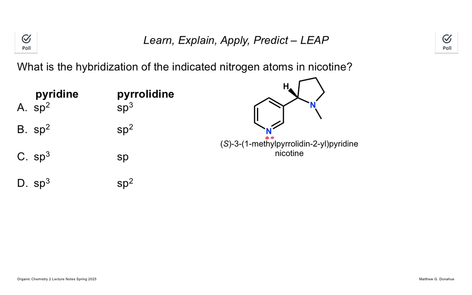So the pyridine, that lone pair is in an sp2 hybrid orbital. So that eliminates C and D. The pyrrolidine, that's just a straight sp3 hybridized N group, so the lone pair has to be in an sp3 orbital. So that would eliminate B, and we would end up with A.